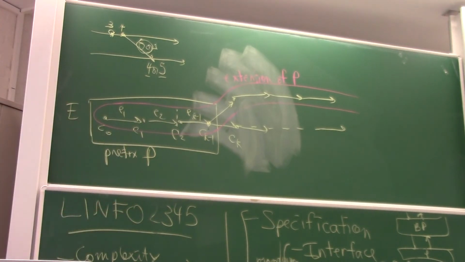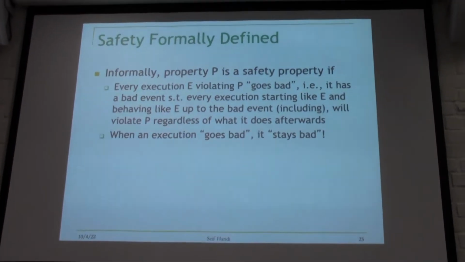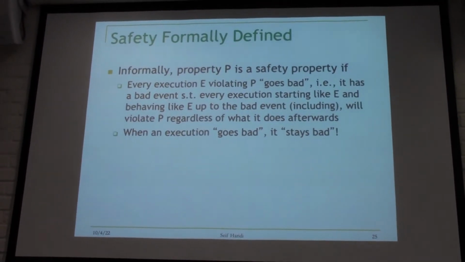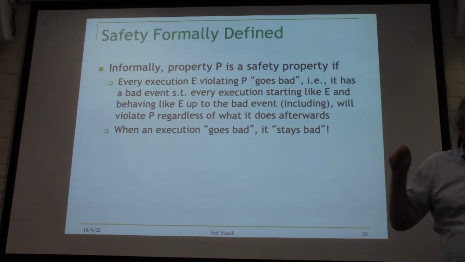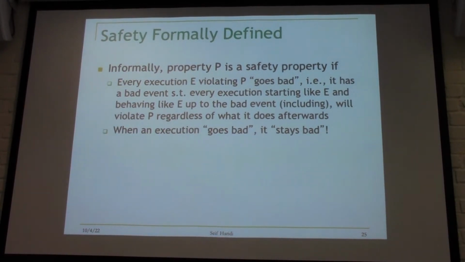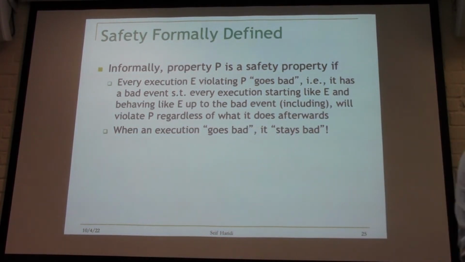Now let me define safety, and then I'll define liveness. So safety, what does it mean? If I have an execution that is unsafe, so I'm violating safety, something goes wrong. Formally, the wrong thing happens at a certain time.